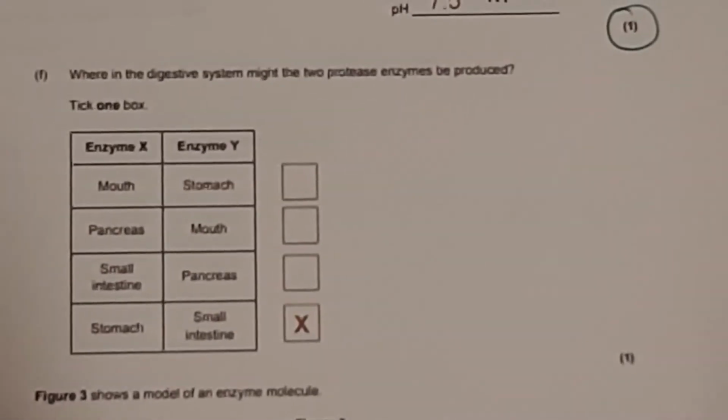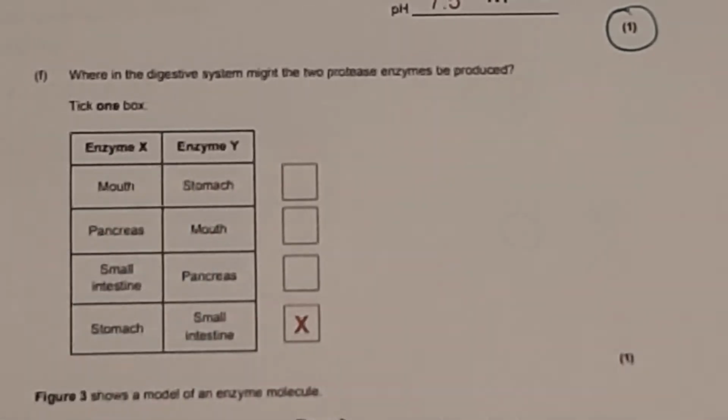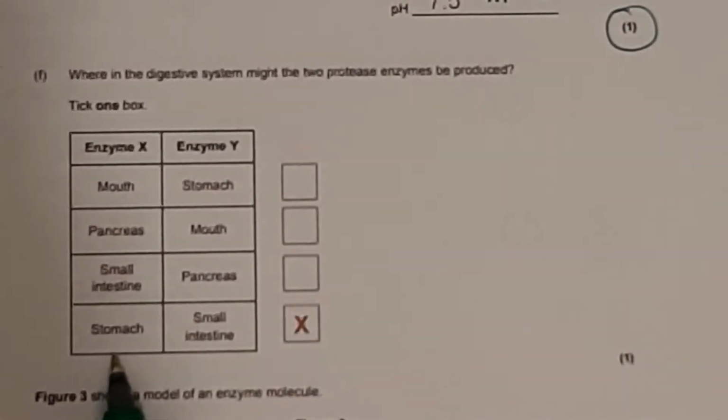Next question. Where in the digestive system might 2 protease enzymes be produced? Okay, so the enzyme X and enzyme Y are both protease enzymes, and you need to know where they're produced. And so enzyme X, working around about pH 2, is likely to be produced in the stomach.